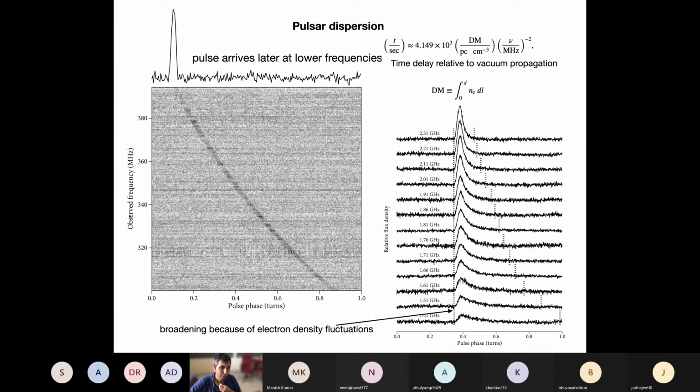So you know the frequency and the pulse arrival time. Can someone tell me how we can measure the dispersion measure of this pulsar? This pulse travels through the ionized medium along the line of sight, which affects how fast or how slowly this signal arrives on this graph. Can someone tell me how we can measure DM in principle if you're given this?